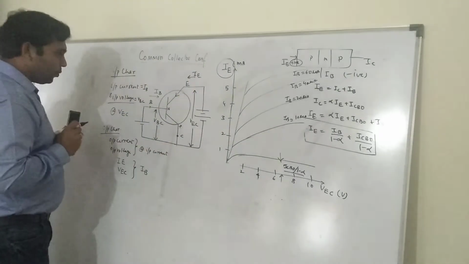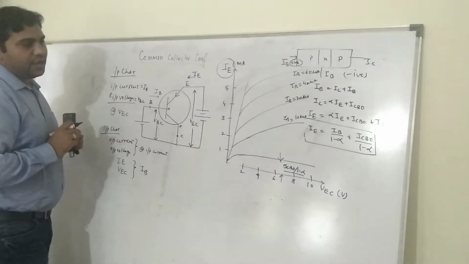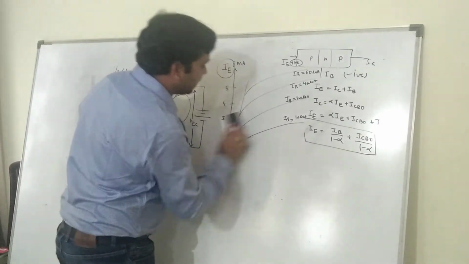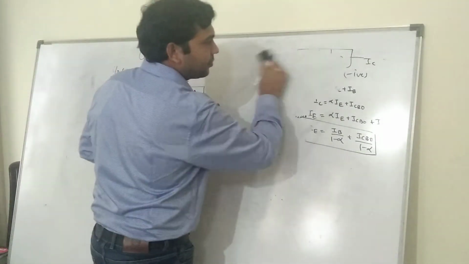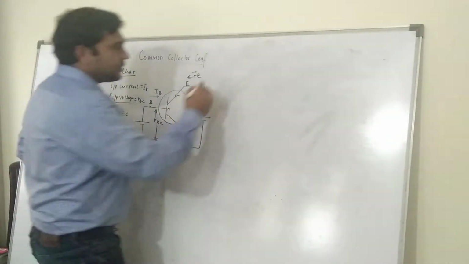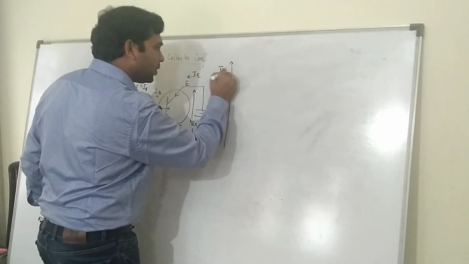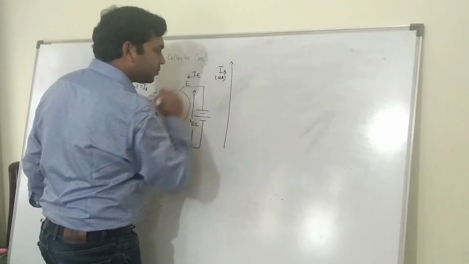Now let me draw the input characteristics. How to draw the input characteristics? Let's understand that. The input current is IB in microampere.